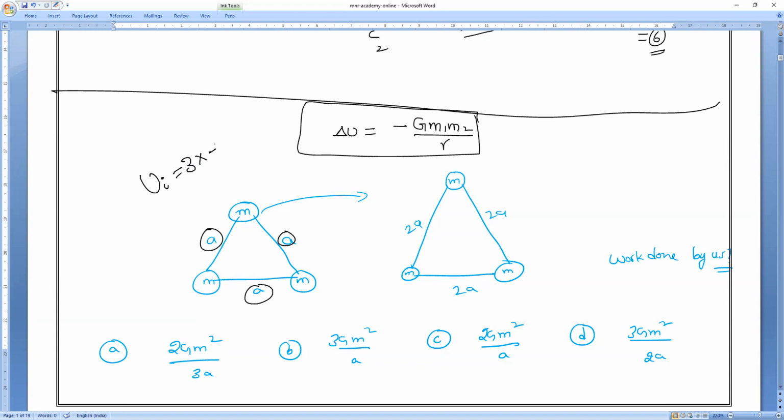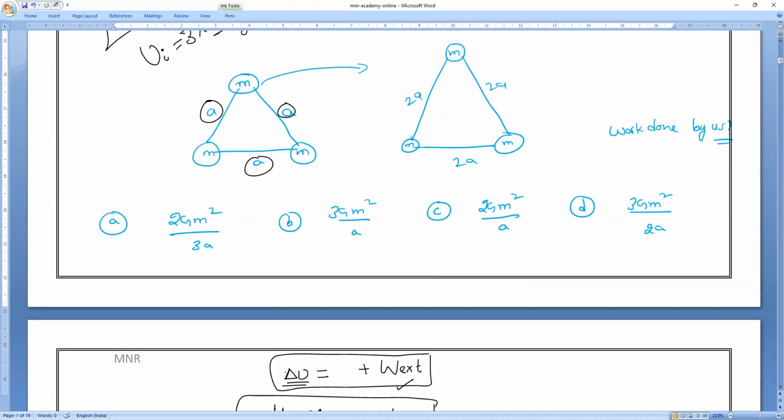So what is it? Minus G into m divided by a. So 3 times minus G into m square divided by a. Any problem for anybody? Initial potential energy? Please speak, guys.